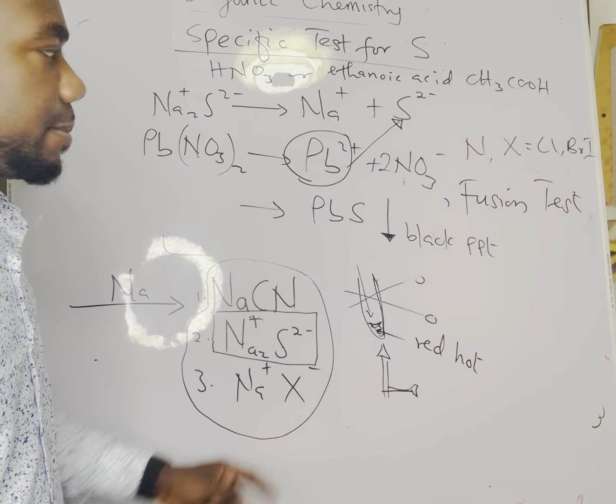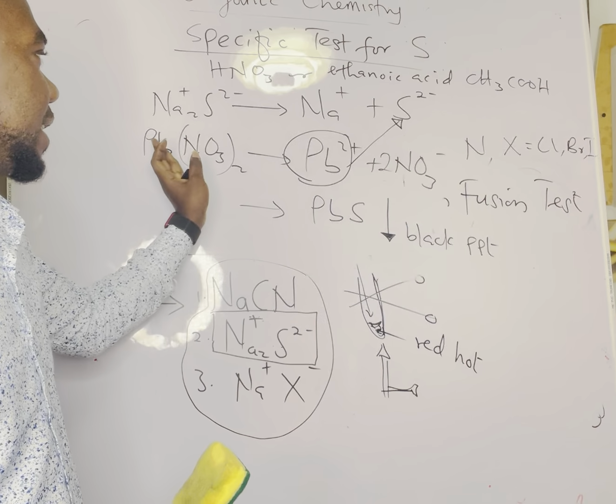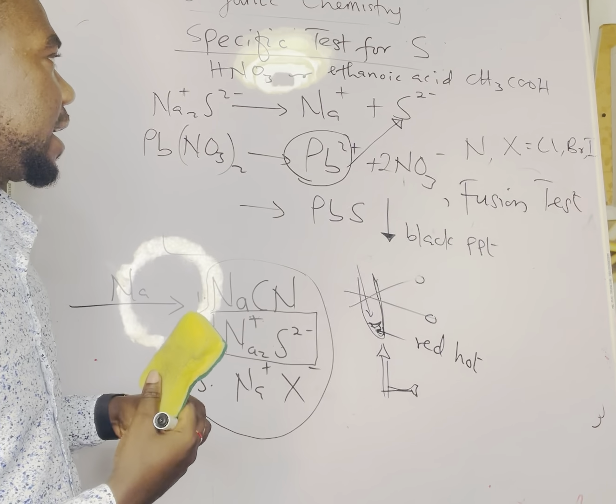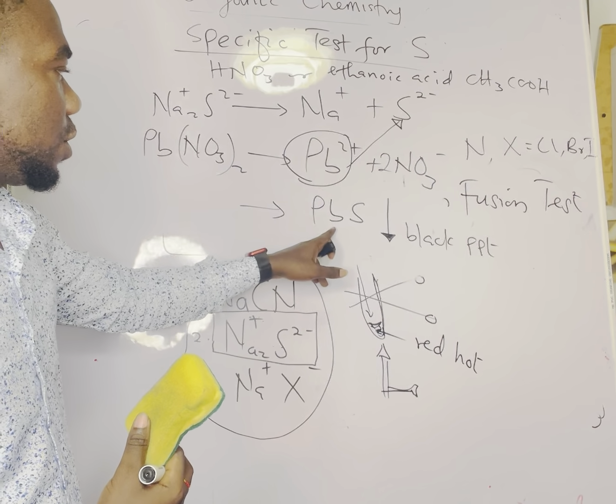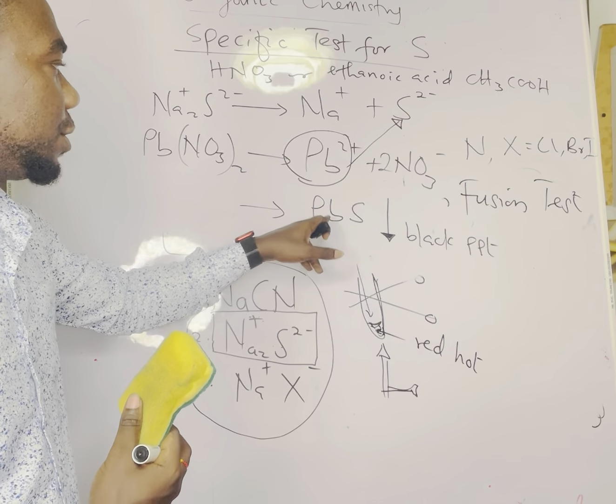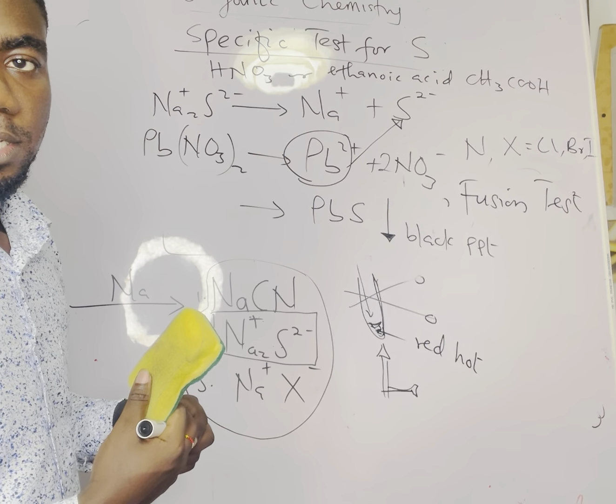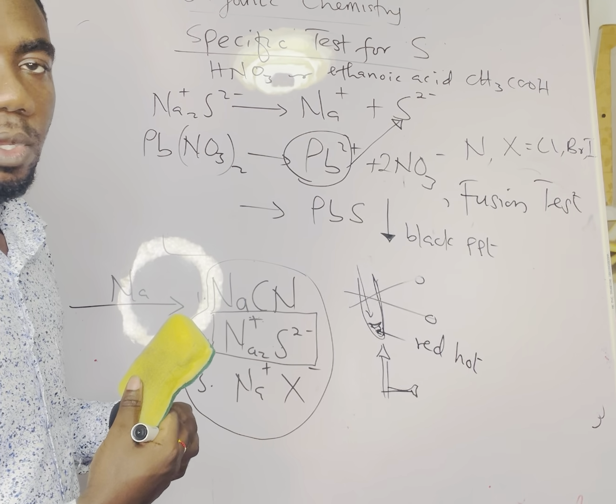So the presence of the black PPT after the addition of the lead nitrate or the lead acetate will show the presence of sulfur in the organic sample.